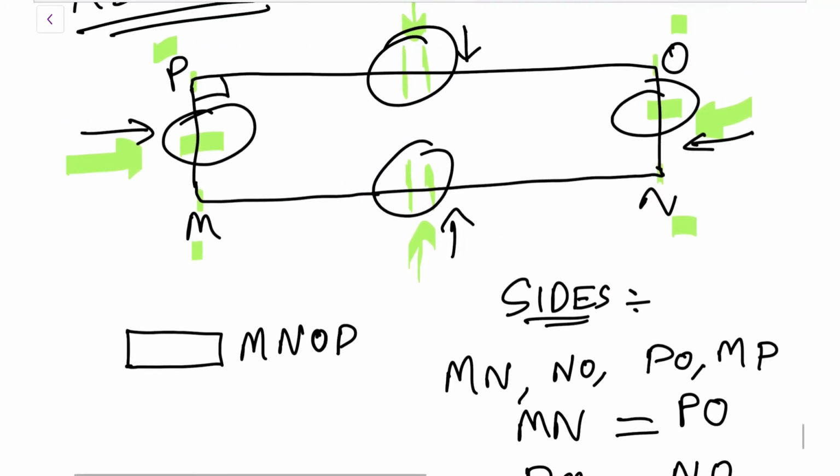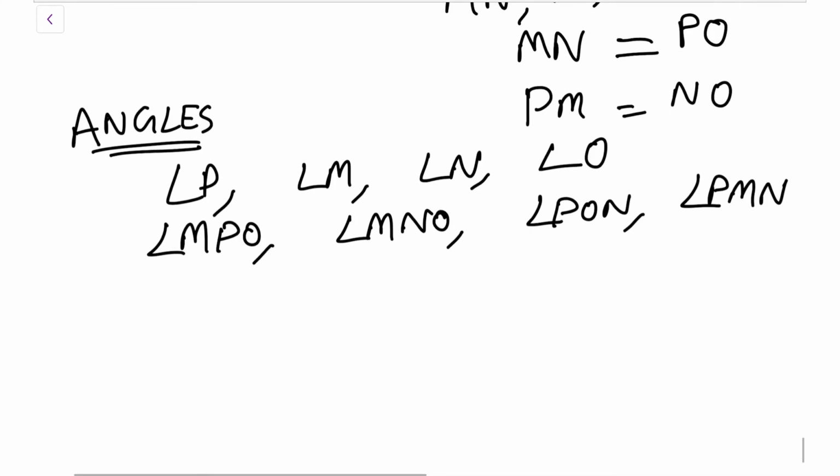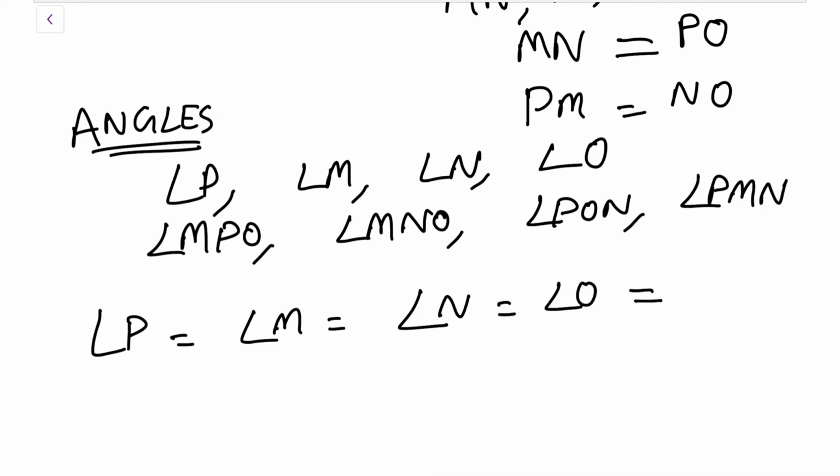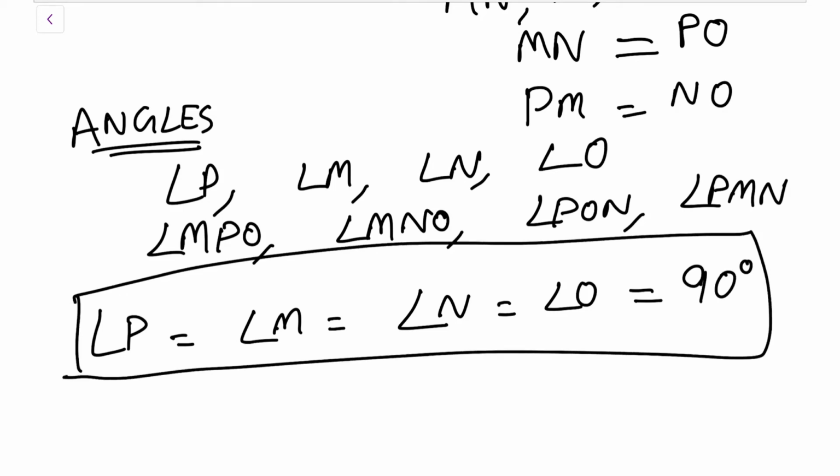These are the four angles that are formed. Now again, like a square, all the angles are equal. That means angle P is equal to angle M is equal to angle N is equal to angle O. All are equal, and they are 90 degrees. If you measure it, it's a right angle, 90 degrees.